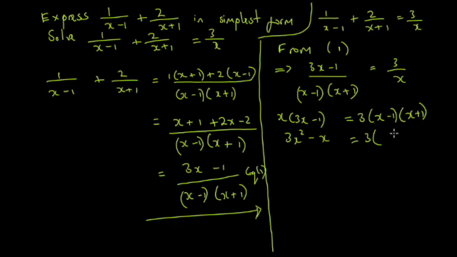This is a difference of two squares, so you should get x squared minus 1. So you get 3x squared minus x is equal to 3x squared minus 3. The 3x squared terms cancel, since one is negative when moved across. So you get negative x equal to negative 3. Divide both sides by negative 1, then you get x equal to 3.